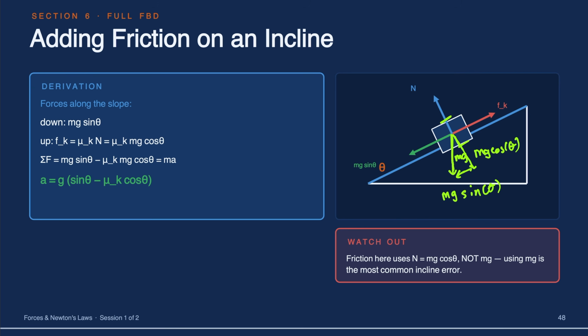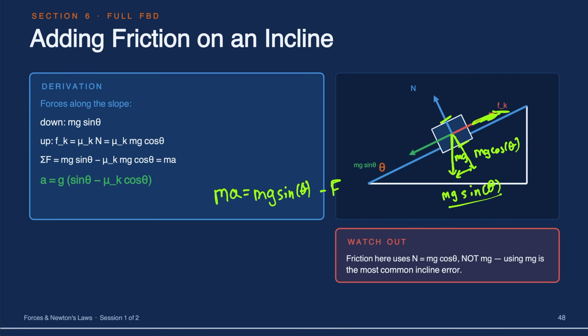But you have friction, so mg sine theta is no longer just going to be your ma, right? It's not the only net force. That's why you're going to have to subtract friction to get your net force. Okay? So net force, which is ma, is going to be mg sine theta minus the force of friction.